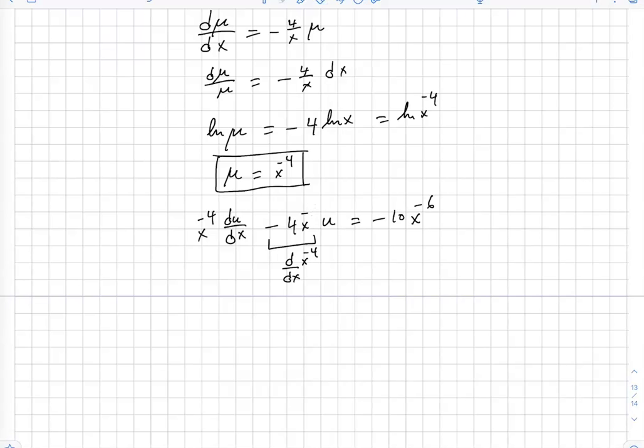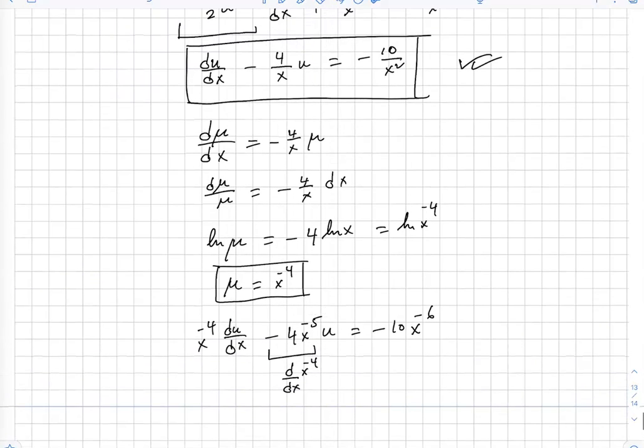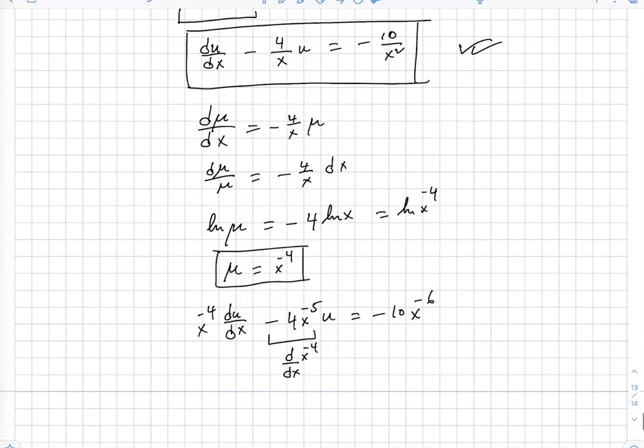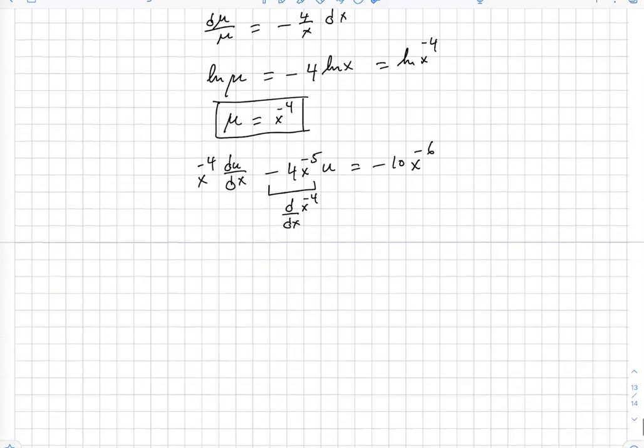So this 3 should be a 5, because when I am multiplying here by x to the power negative 4, I get negative 4 over x to the power 5, or negative 4 times x to the power negative 5.